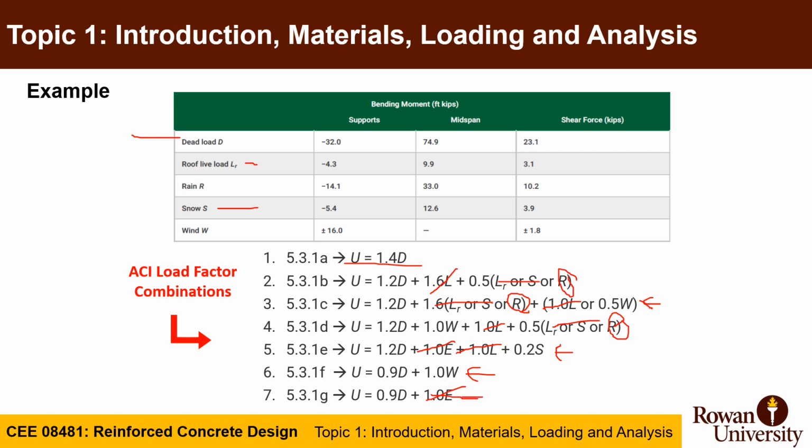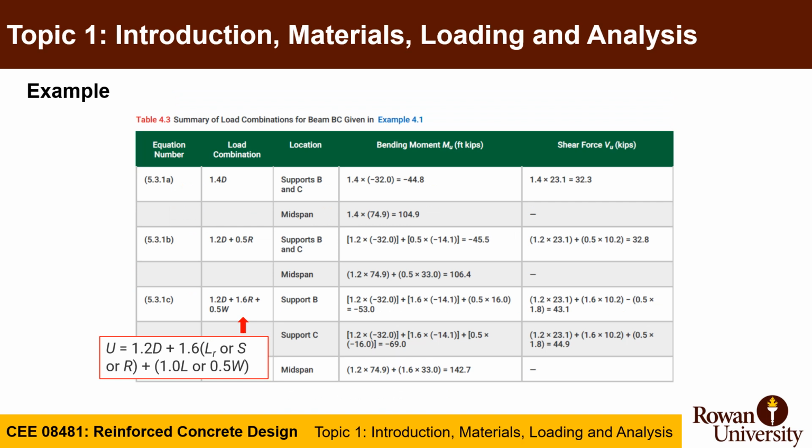If you want to go equation by equation, the first one will be equation A, 1.4 dead load. You can calculate at the support, at the midspan, and for shear. The second equation, which is B, will be 1.2 dead load plus 0.5 R, as we discussed in the previous slides.